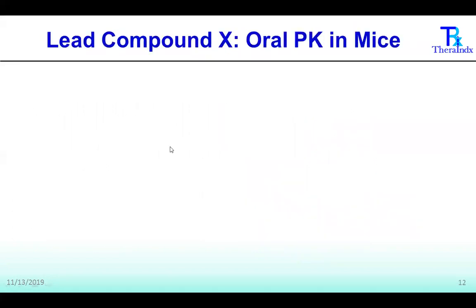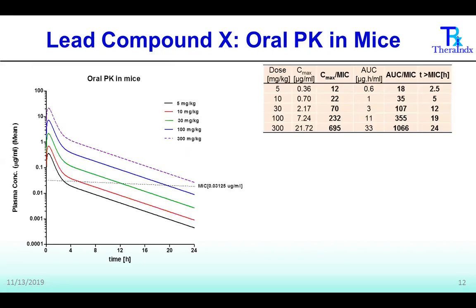How about the oral pharmacokinetics? Remember, I told you that the compound is being developed for an oral indication. This graph here shows the plasma concentration of the compound over time at dose levels 5, 10, 30, 100, and 300 milligrams per kg. Shown here in the horizontal dotted line is the MIC of the compound.